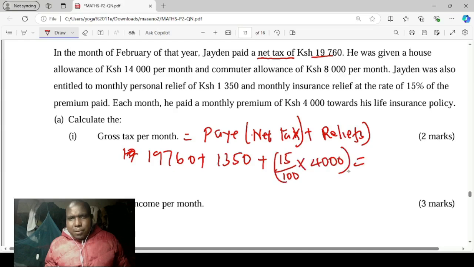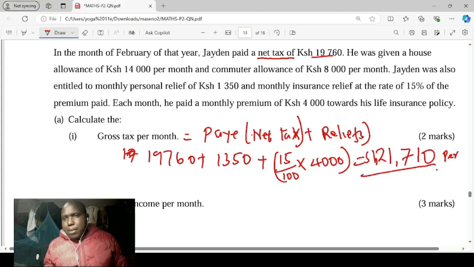So this one will give us a total of gross tax, which will be 21,710 shillings, and this one is per month. This one is per month because hii yote tumefanya ilikuwa monthly.